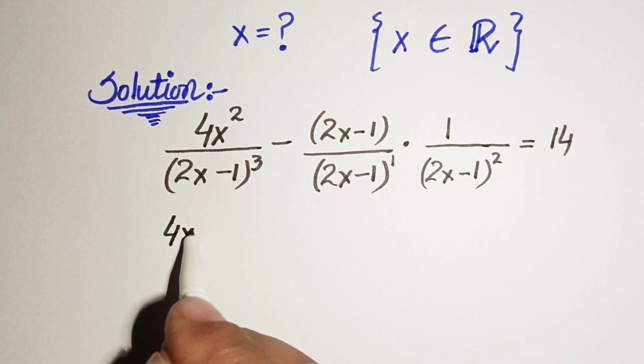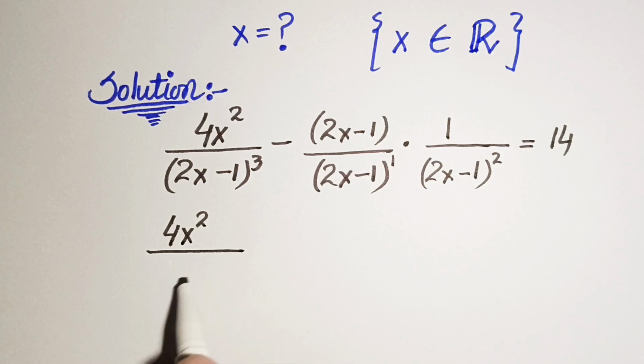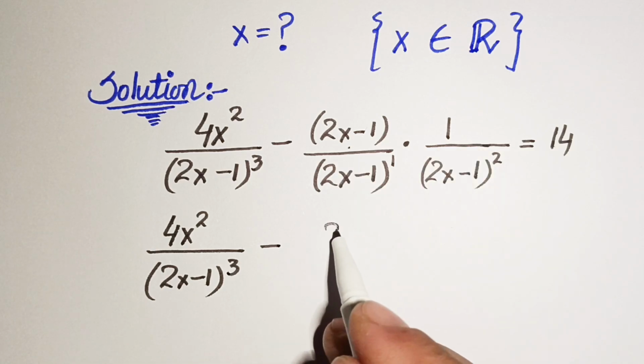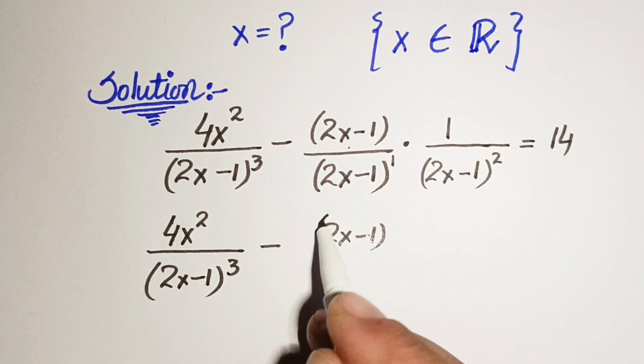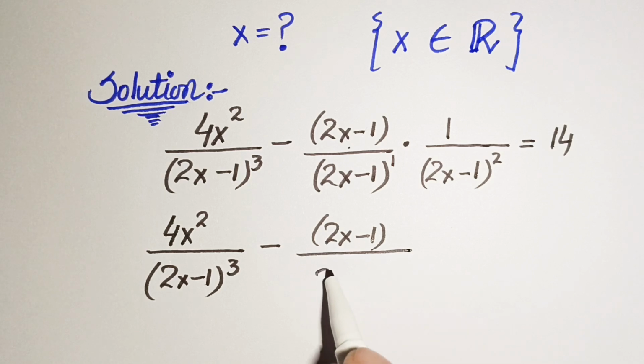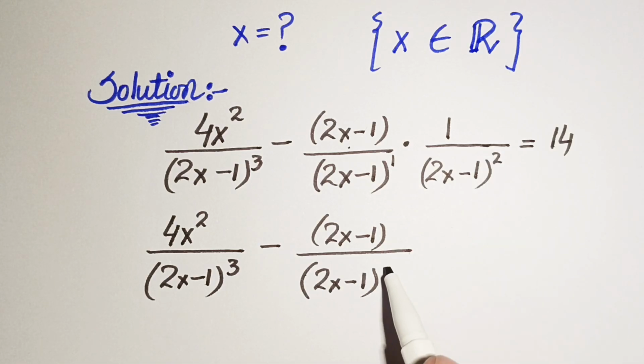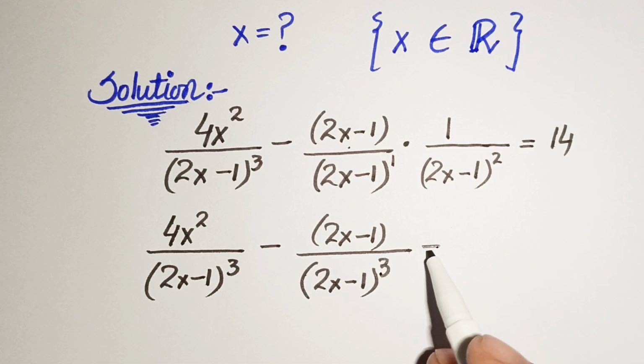So 4x squared all over (2x minus 1) whole cubed, and minus (2x minus 1) times 1 is 2x minus 1 over (2x minus 1) whole cubed, according to the exponential law. Here we add the powers 1 plus 2, so we write 3, that is equal to 14.